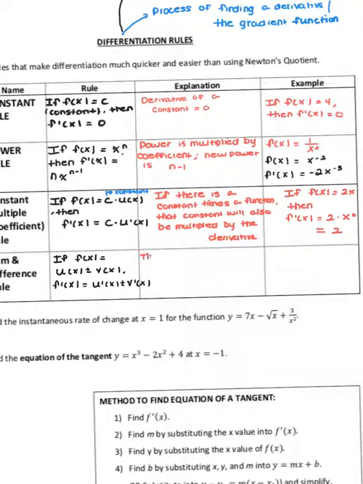So the derivative of the sum slash difference of two functions is the sum or difference of both derivatives.